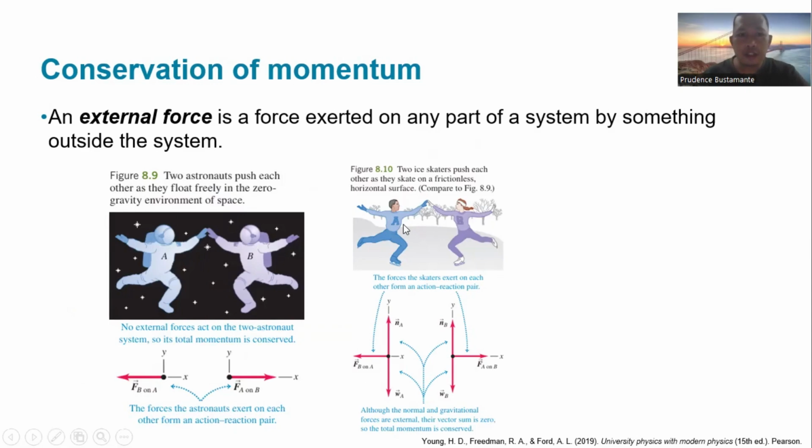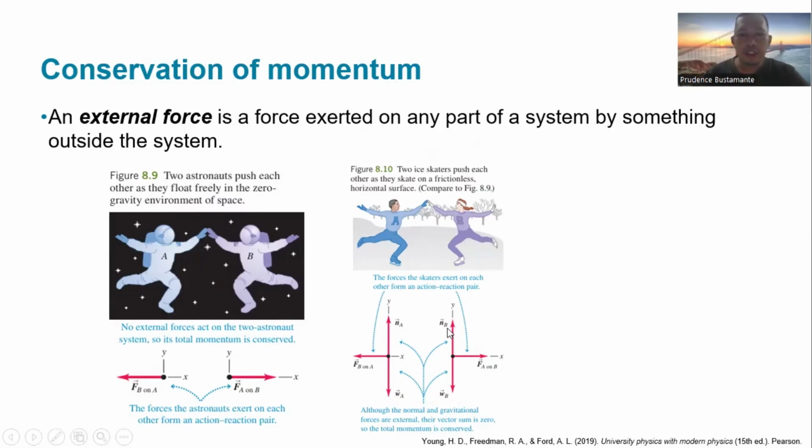Although they are no longer in space, they are no longer in an isolated system where the net external force is zero. They now have the normal force and the weight force. Gladly they were on the ice, so there's no friction. It is frictionless.